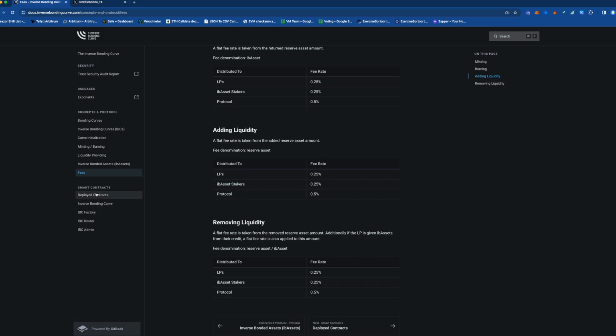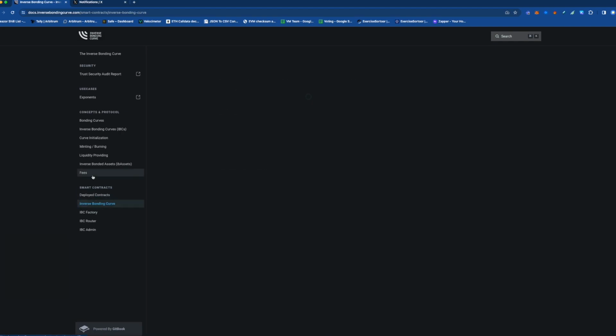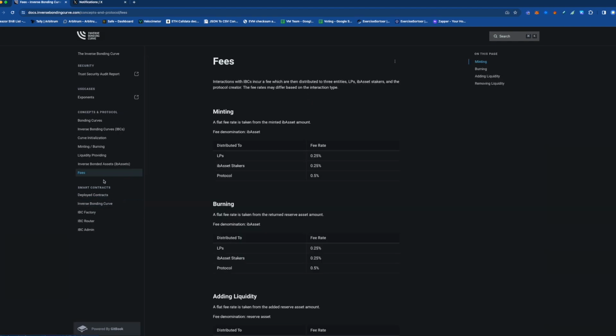They do have the smart contracts here and so forth, and anybody can come and create a new bonding curve with their shitcoin. I do think this is a very different way for a new kind of shitcoin meme season, perhaps.